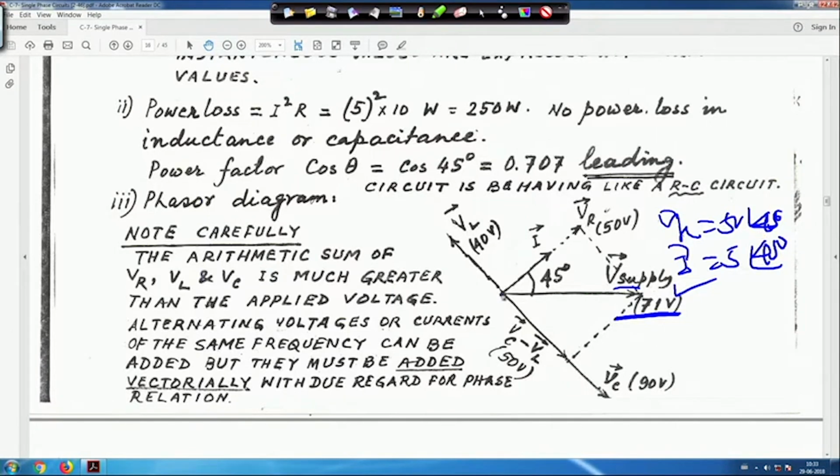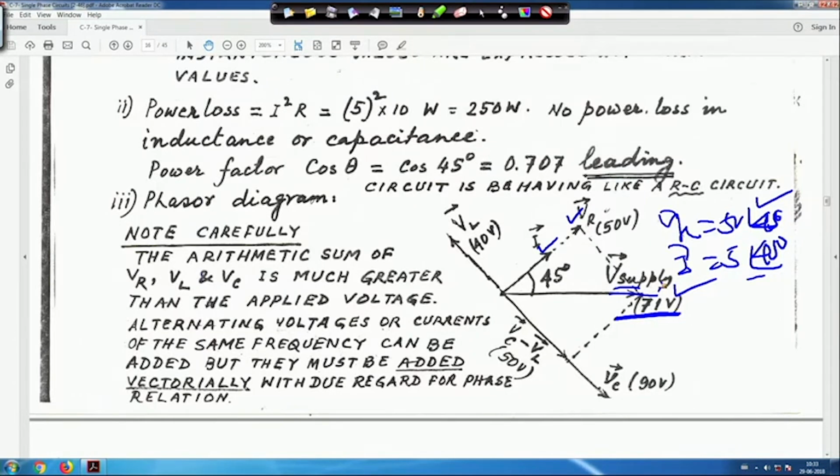So along the same line, I and Vr are plotted, because Vr is 50 angle 45 degree and I is 5 angle 45 degree.